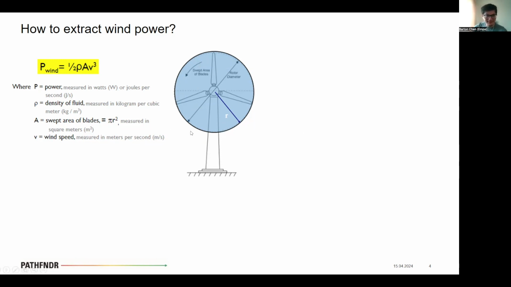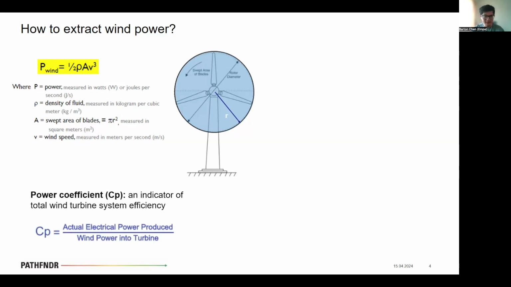The last factor you can see here is the wind speed, how fast the wind blows, and you can see there's a factor of 3. So if we double the wind speed, the wind power can be 8 times bigger. So that is some basic elements I would like to introduce.